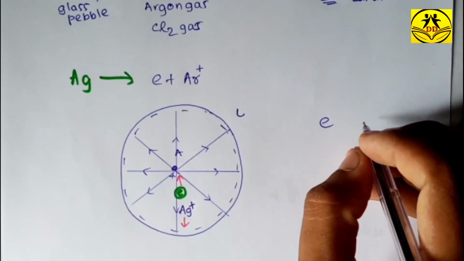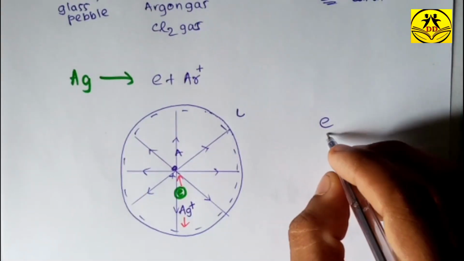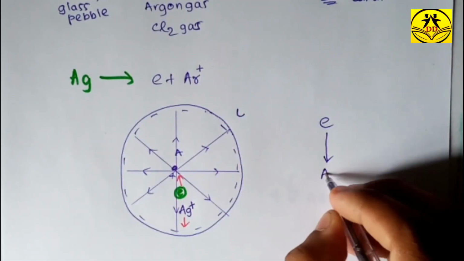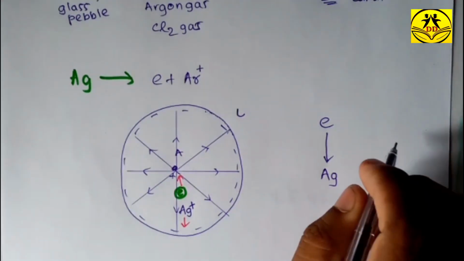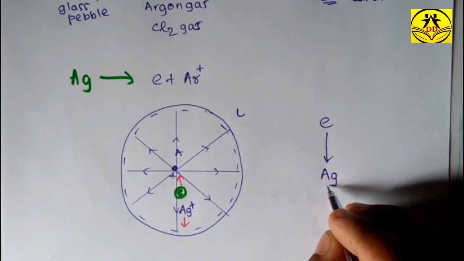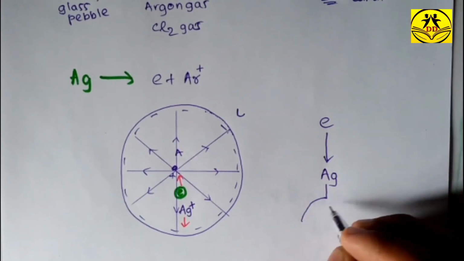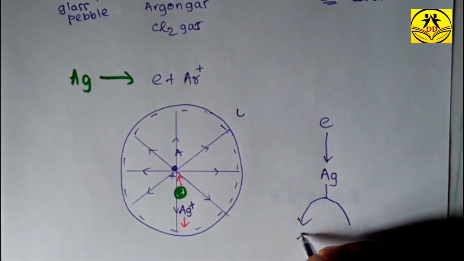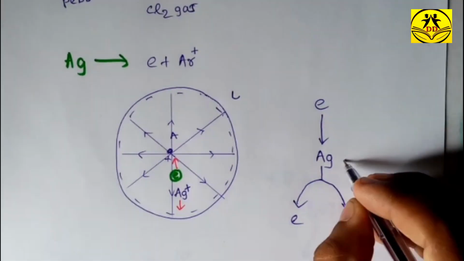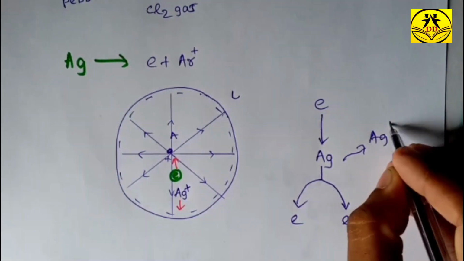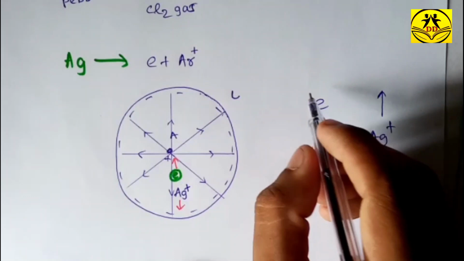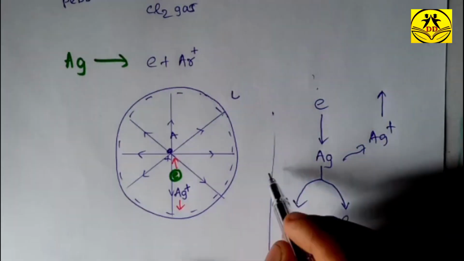An electron formed can also produce secondary electrons by colliding with argon atoms. So there will be two electrons formed, and the argon plus ion will be moving towards the other side, if this is towards the anode.